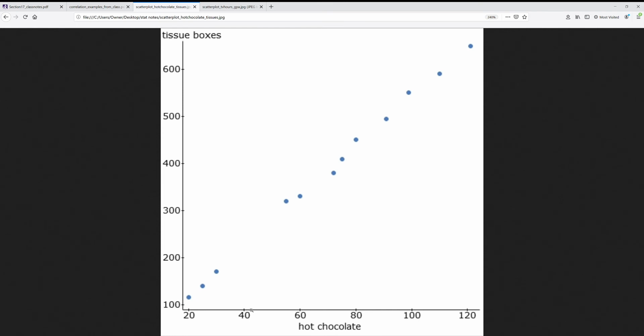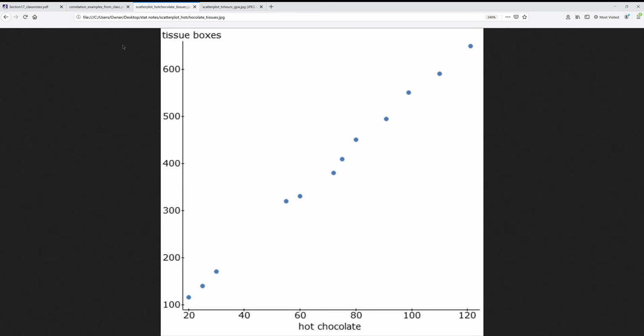In no sense does buying a lot of hot chocolates cause you to buy more tissue boxes. Yes, maybe there's a causal relationship there, but it is indirect at best. Forcing people to buy hot chocolates does not magically make them want to go out and buy tissue boxes. And it certainly doesn't work the other way around either, so we're not thinking about it backwards.